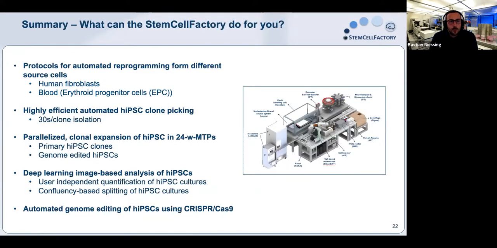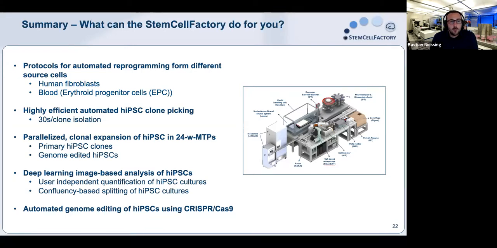Now I want to give you a short summary of our presentation. So what have we done so far within the project stem cell factory? We had successfully automated reprogramming for different cell sources. So we can use human fibroblasts and we can use blood samples. We have a highly efficient clone picking device where we can pick one clone in about 30 seconds.